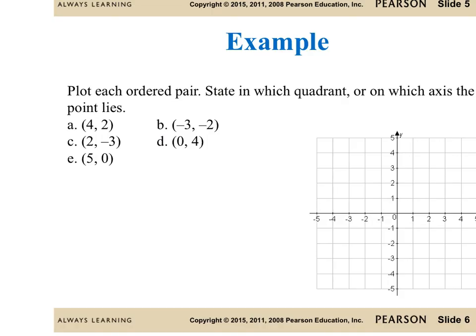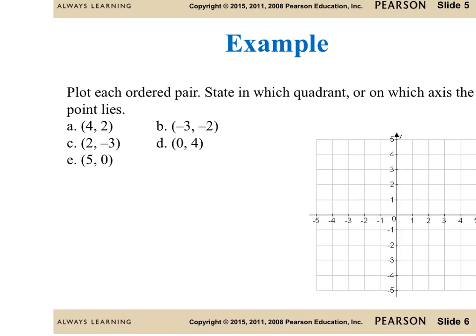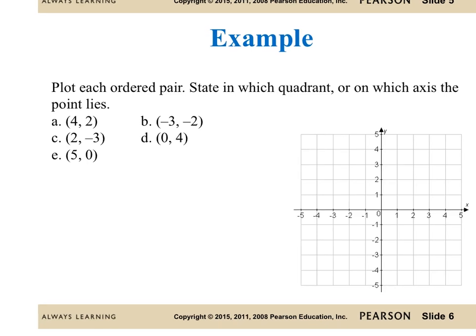So we're going to practice by plotting some points here. The first point that we're going to plot will be (4, 2). And that means we're going to go to the origin, and we're going to go right 4, and then we're going to go up 2.